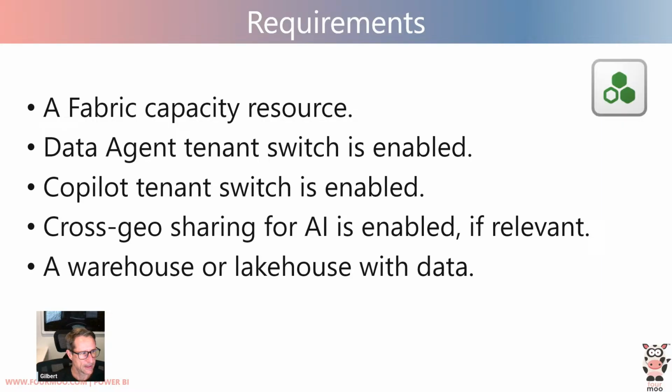And I'll show you there's a data agent tenant switch, the Copilot tenant switch, and cross-geo sharing for AI enabled, and then you need some data. That could be a warehouse, a lakehouse, and more recently also a semantic model, which I'll show in this example.